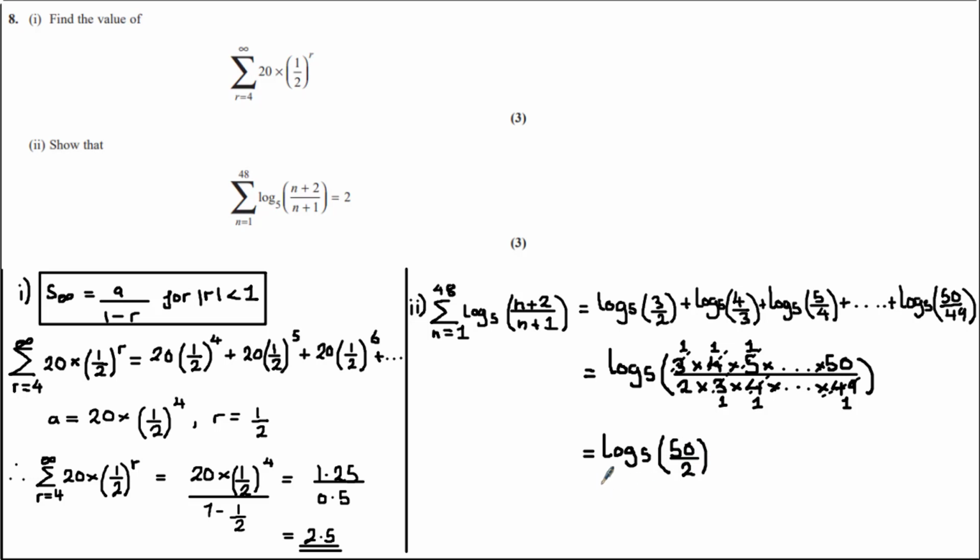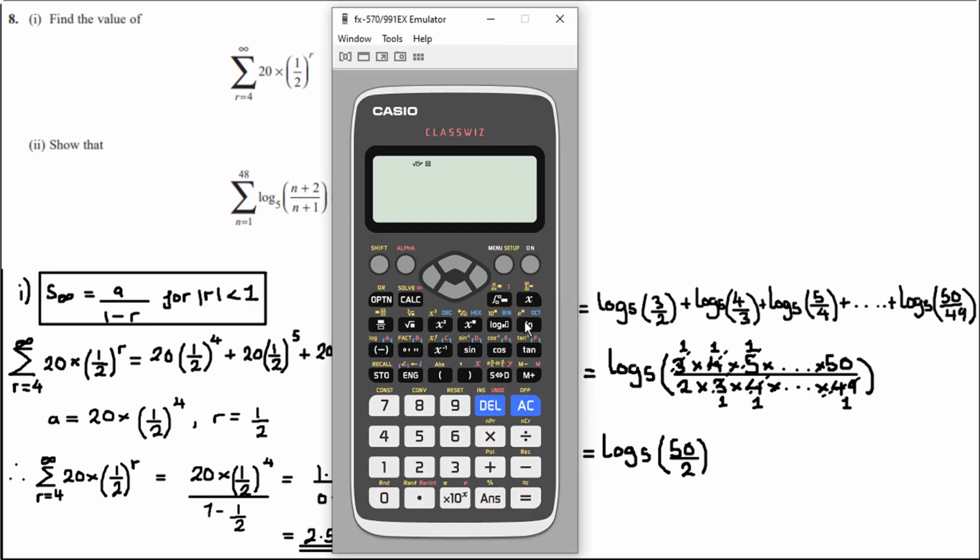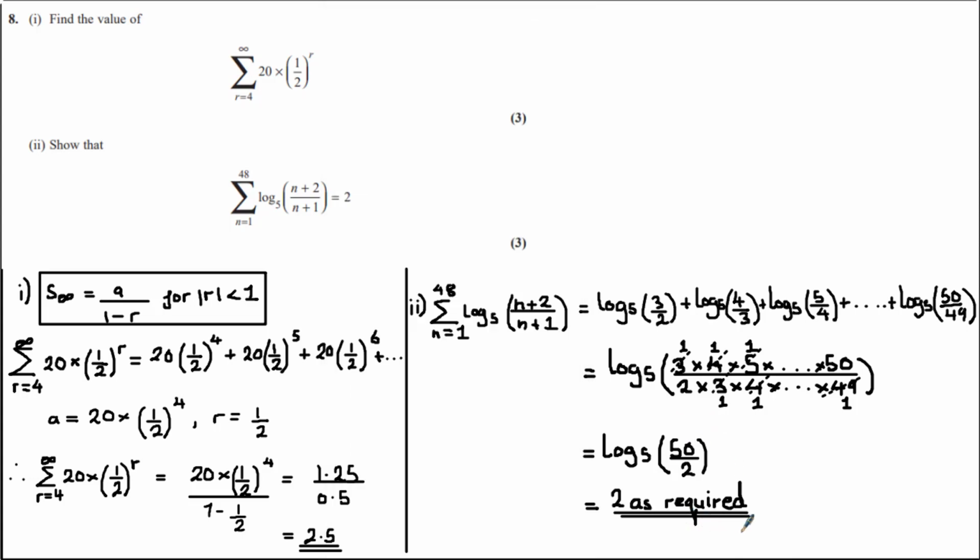Now let's just work out what this value is in our calculator. So log base 5 of 50 over 2, which is 25. And that's equal to 2 as required.